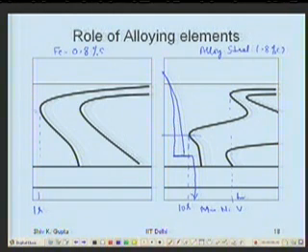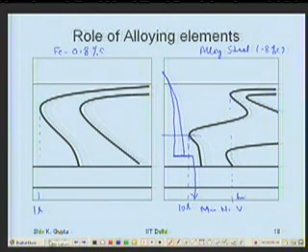Well, here I might need about 130 or 135 degrees per second. That's the way the rate of cooling is reduced. Alright, this is one of the functions of the alloying additions made to the steels, that they provide better hardenability to the steel by shifting the nose to the right. Okay.